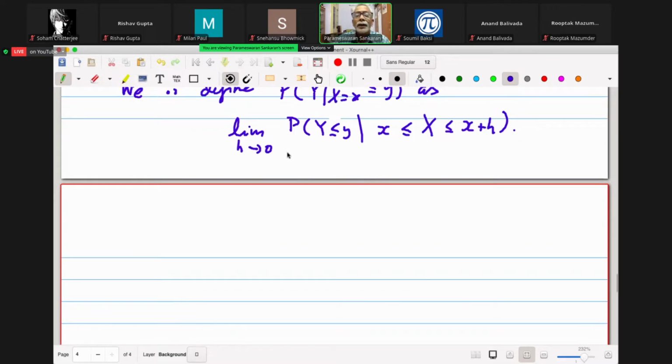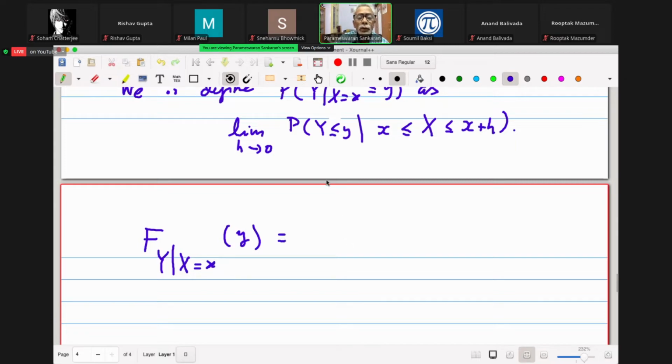Okay, I'll not derive this, but it turns out this is the distribution function. So F of y given X equal to x is what we have written here.